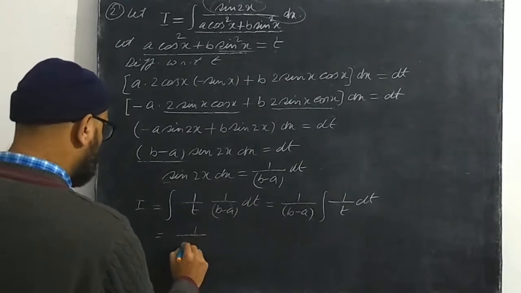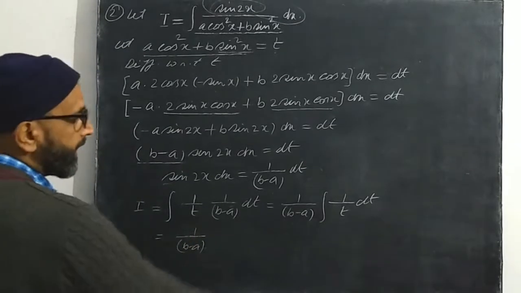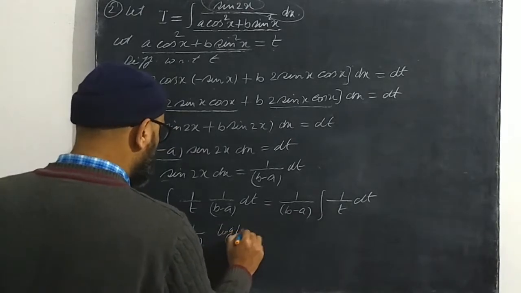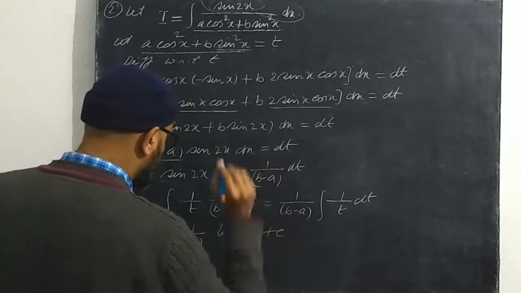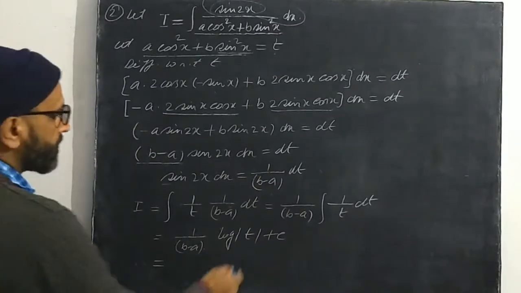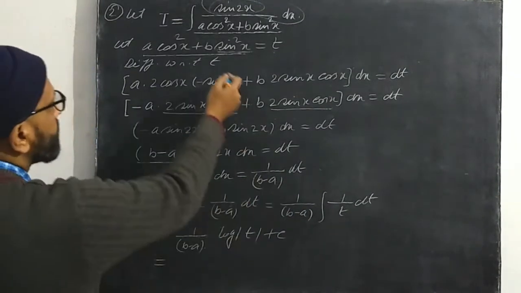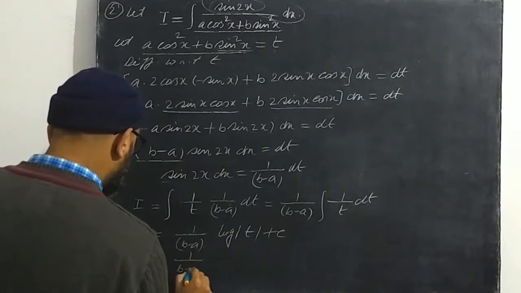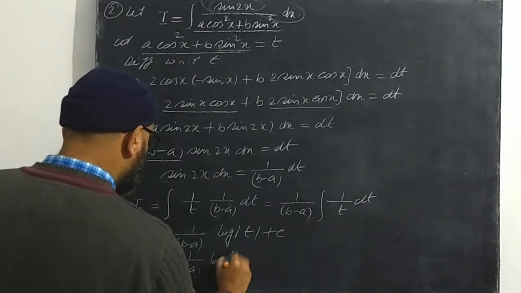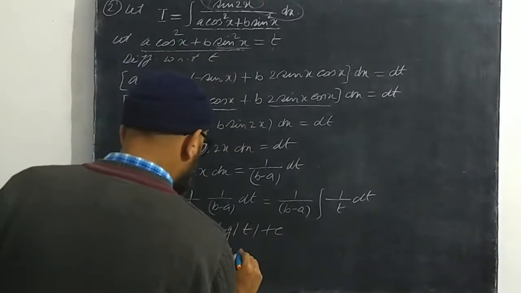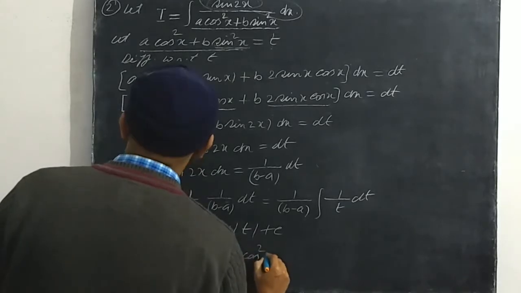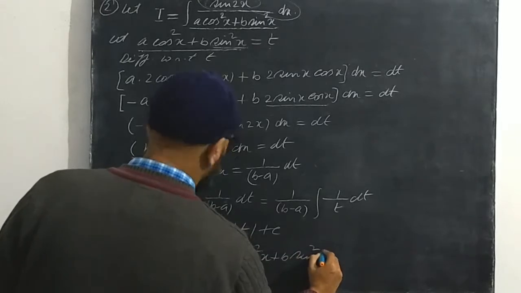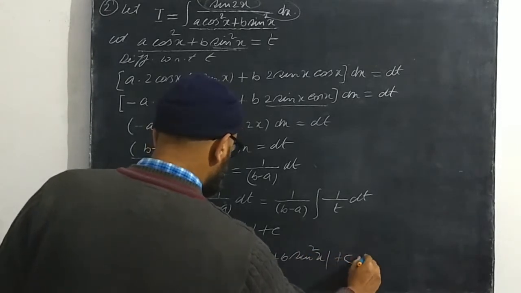As you know, the integral of 1 upon t is log mod t plus c, where c is the constant of integration. Finally we have to write the value of t which we assumed in the beginning. So 1 upon b minus a log mod of a cos square x plus b sine square x plus c.